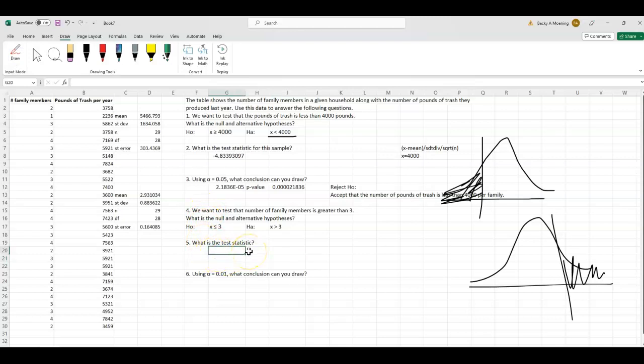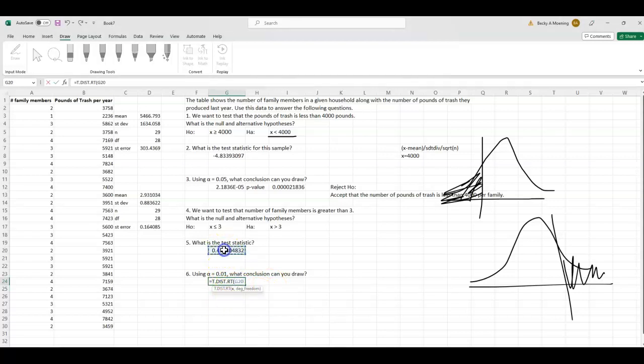So again, let's find the test statistic. So x, which is 3, minus the mean, divided by the standard error. And we get our test statistic. So now I can do my t-distribution, and it's a right-tailed test, so I use right tail.